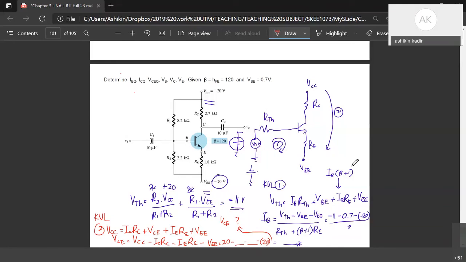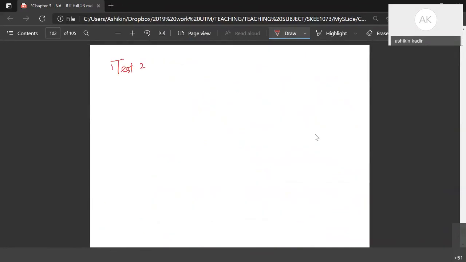So same, you have 2 questions. The first question is test 2 BJT for June 2021. You will have 2 questions same like test 1. So first part 1 and also part 2. For part 1 you will have a theory question.